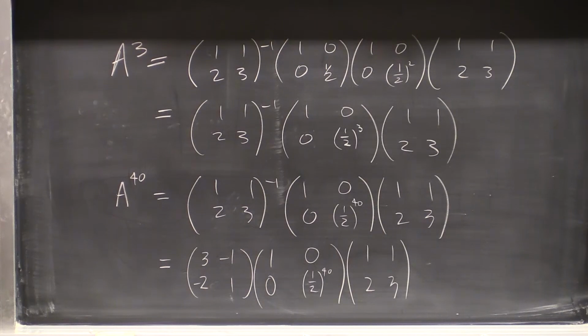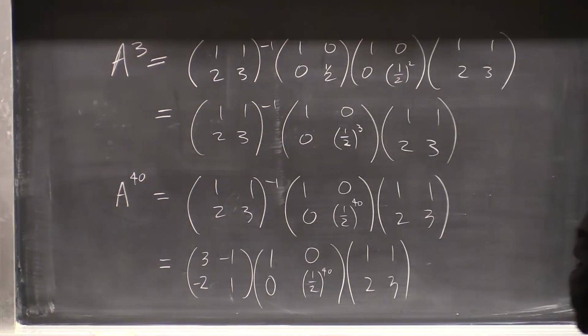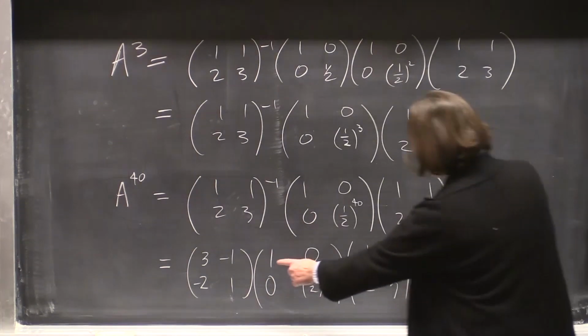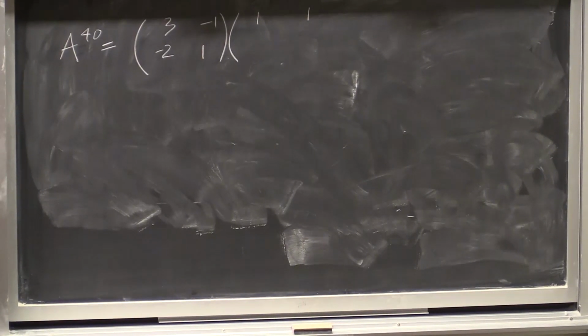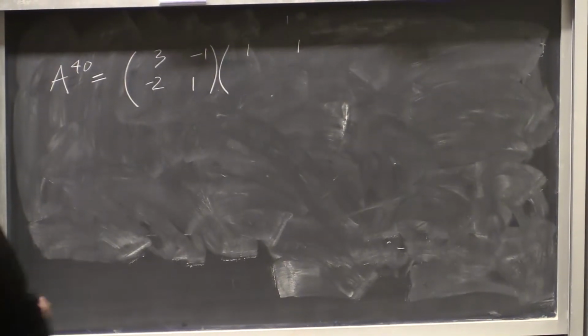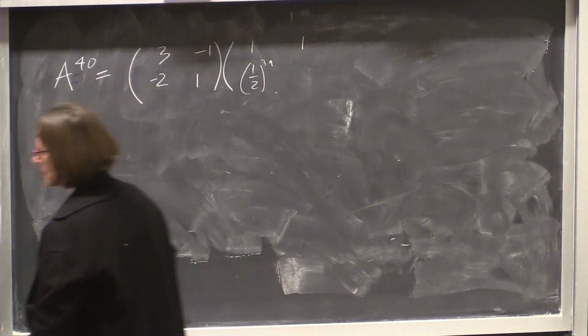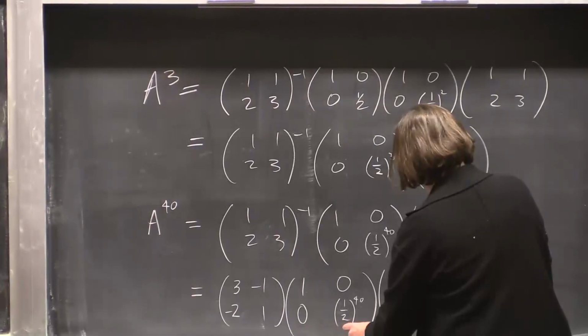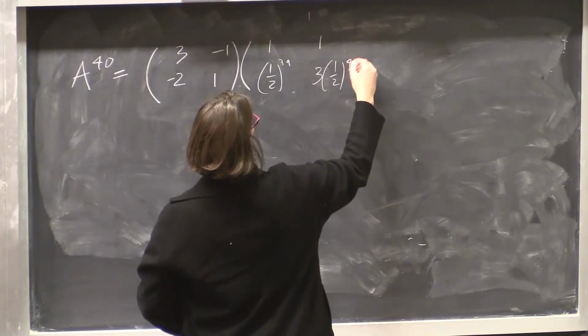A to the 40th is 3 minus 1 minus 2, 1, 1, 0, 1, 0, 0, 1/2 to the 39th, 0, 3 times 1/2 to the 40th.